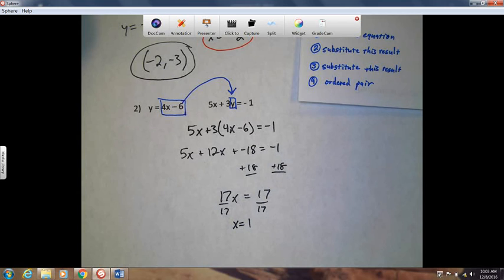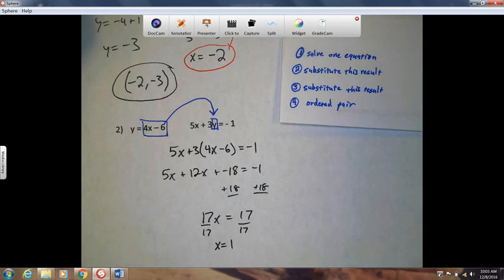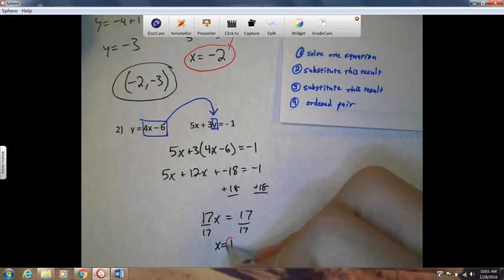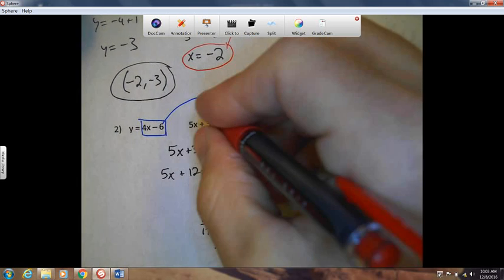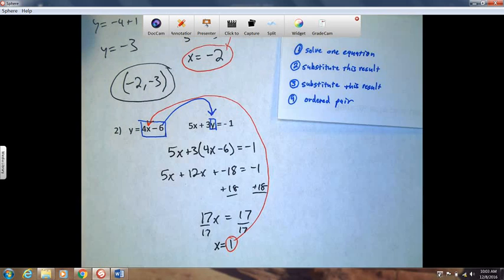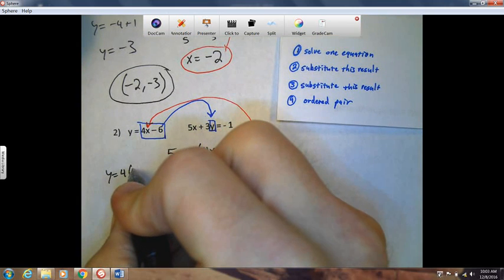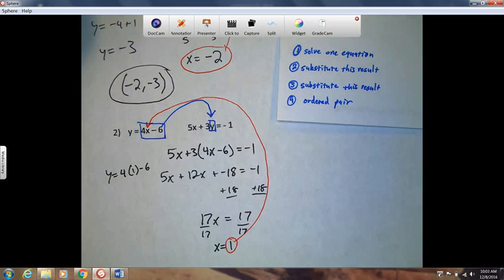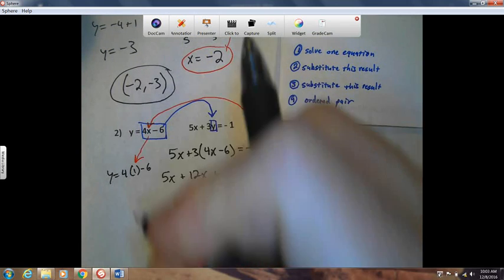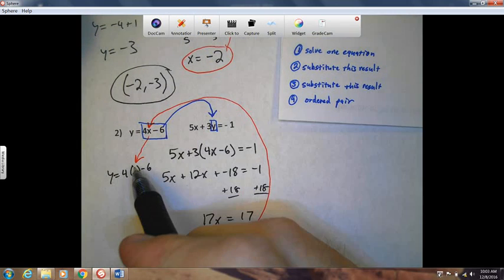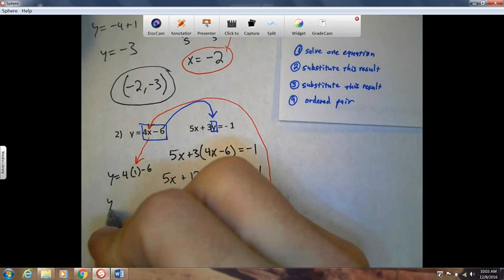So I'm going to take x, put it back in that one, 4x. So y is equal to 4. So again, I put it in parentheses so I can multiply it. So it's negative 2.